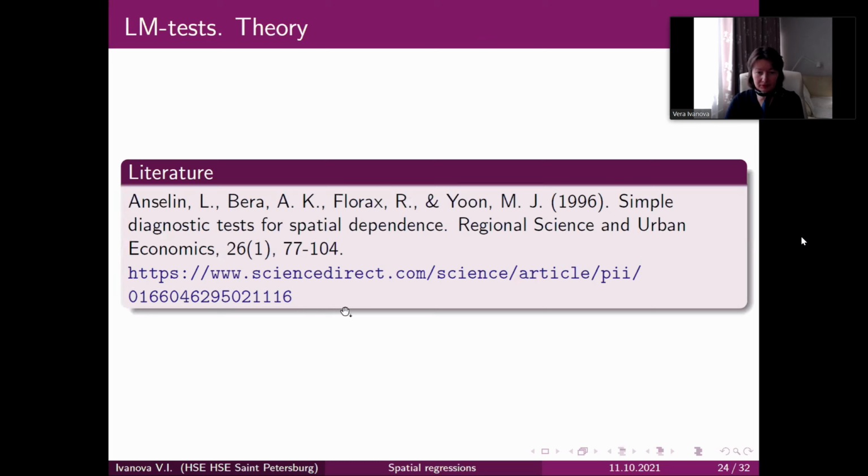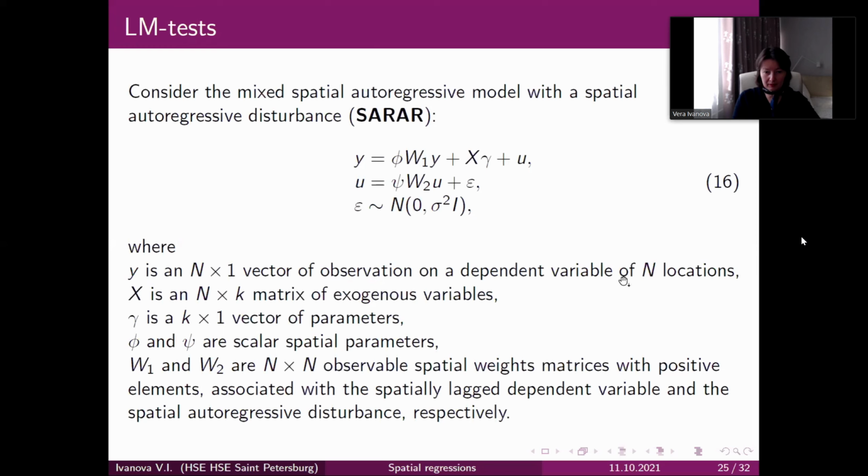This is a link to the article on these simple diagnostic tests for spatial dependence, which is published in Regional Science and Urban Economics. This is a general scheme for the LM tests.